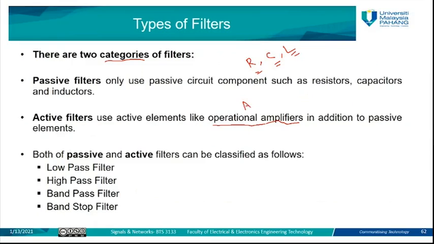This gain value can amplify the input signal by certain gains. So active filters usually have such operational amplifiers, like operational amplifier for addition, for subtraction, for division, for integral, for derivative, whatever operation is required from this amplifier. But the active filter should have such an element inside the circuit of the filter.